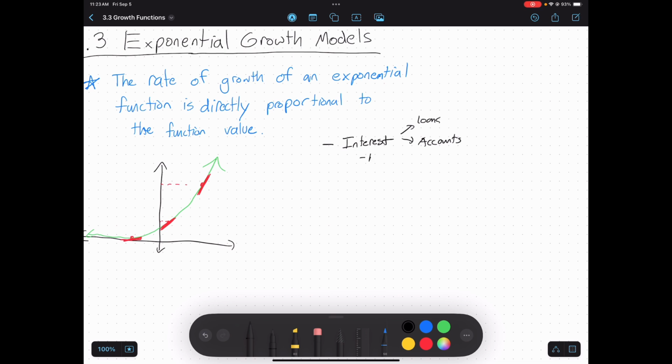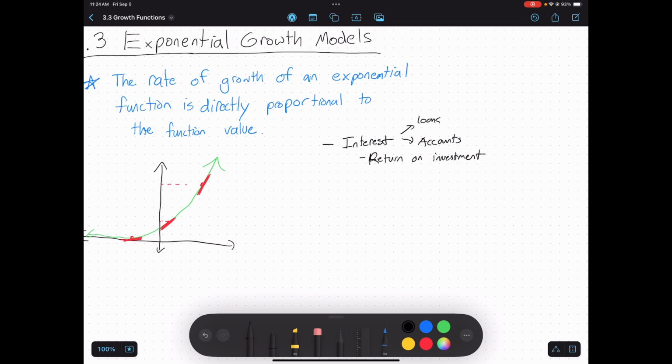Similarly, you could also think of it as like a return on investment. If you have an investment that returns a certain amount, all of these can be modeled using an exponential function because the more money you have invested or the larger your loan, the bigger the amount you have to pay each month, right? The bigger the payments because it's proportional to how much is in that account or how much is on that loan.